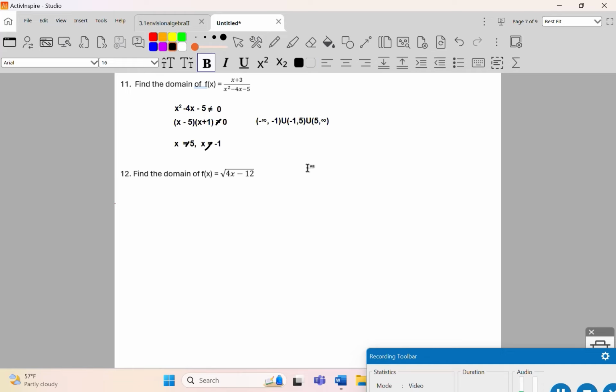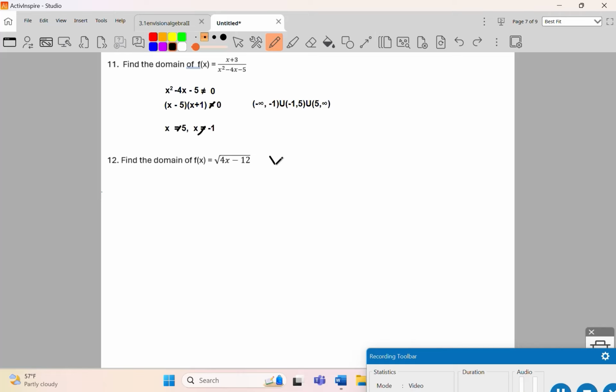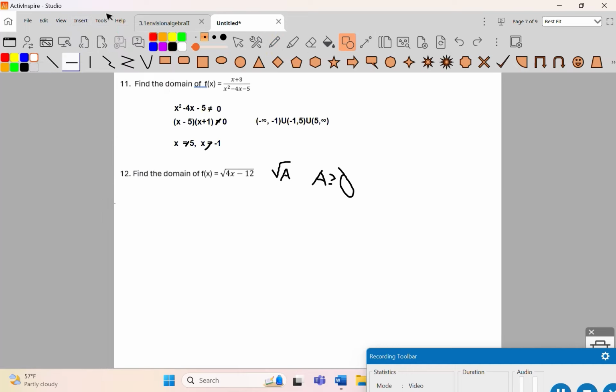All right, find the domain of the square root of 4x minus 12. The deal here is for the square root of anything, whatever's inside is greater than or equal to 0. I'm sorry this is taking so long. I'm not at school and it just takes longer to do.